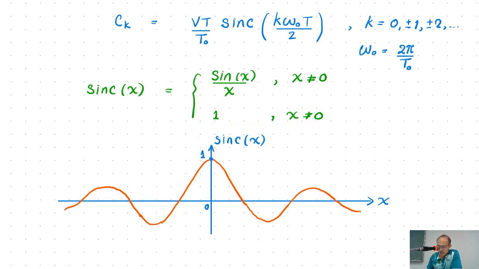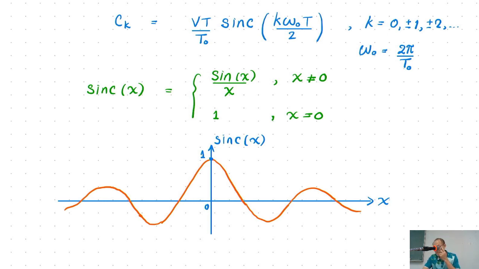The reason we have to say explicitly that this is equal to 1 is that when x is 0, the ratio sine x over x is not defined. So we have to specifically say that when x is 0, the sinc function of x is 1.